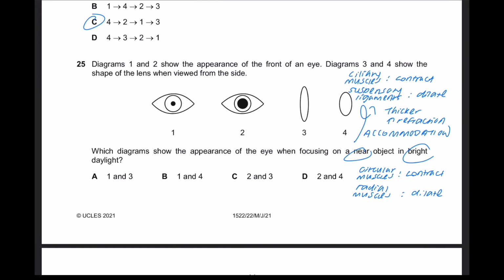So the answer in bright daylight would be the first, where the circular muscle contracts while the radial muscle dilates. And when focusing on a near object, it would be 4. The lens would be thicker. So the answer is 1 and 4, which is B.